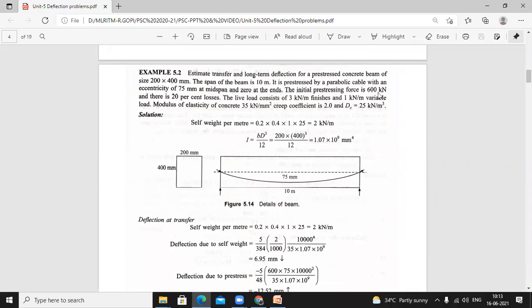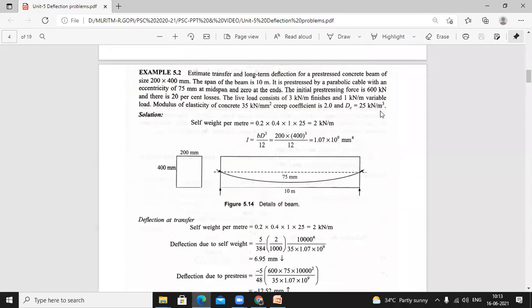The initial prestressing force is 600 kilonewton and there is 20% loss. The live load consists of 3 kilonewton per meter, finishes 1 kilonewton per meter variable load. Modulus of elasticity of concrete is 35 kilonewton per mm square. Creep coefficient is 2 and density of concrete is 25 kilonewton per meter cube.